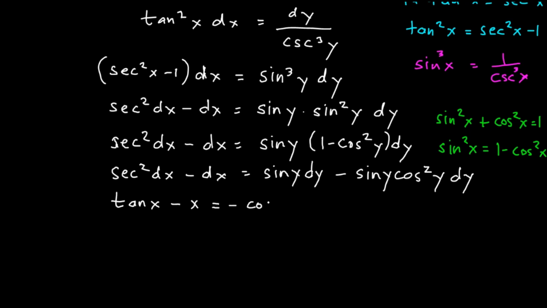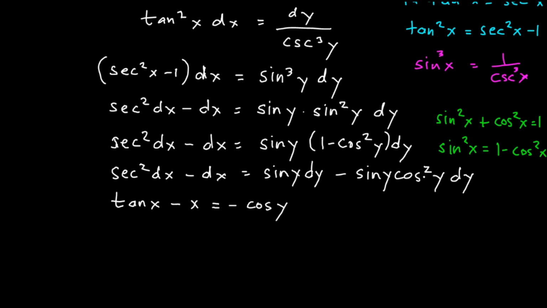Negative cosine y. And then, how we are going to find the integral of sine y cosine squared y dy? Okay, gagamitin lang natin yung u substitution dito. If we let u equals cosine y, ang du natin ay negative sine y dy. Okay? So, we have u du dito. So, ang u natin ay cosine y. So, u du magiging what?